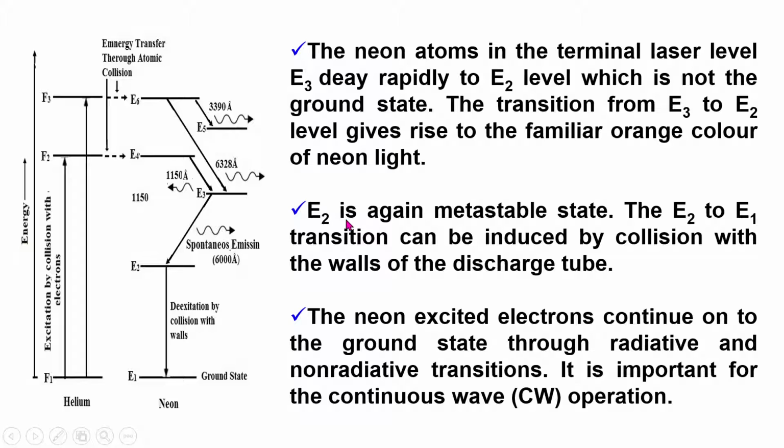So in case of the fourth transition from the energy level E3 to E2, during this transition there is also an emission of light, and it gives a familiar orange color of the neon light having the wavelength 6000 angstrom unit.